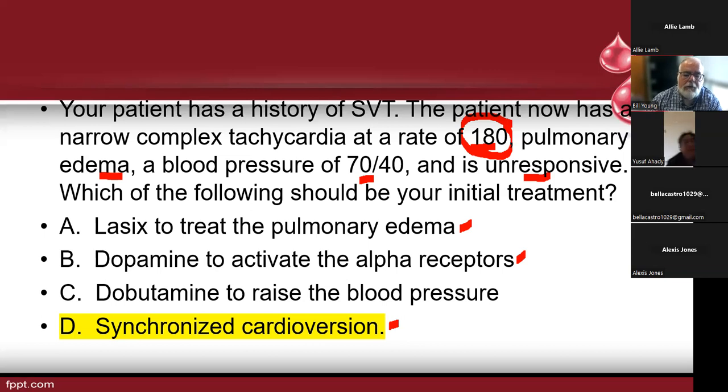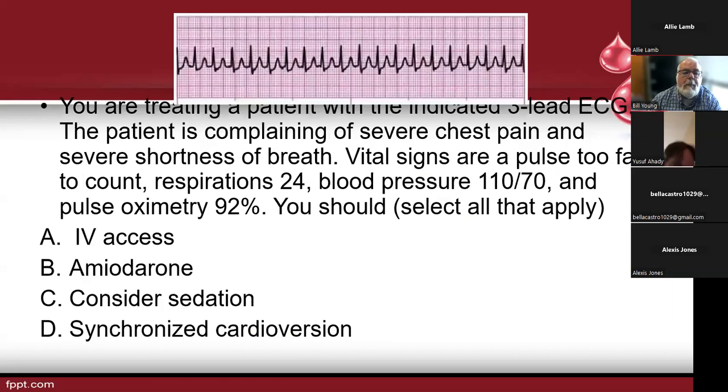All right, Yusuf, good. Thank you. All right, Alexis. You're treating a patient with the indicated 3-lead ECG that you see at the top of the PowerPoint. Patient is complaining of severe chest pain and severe shortness of breath. Vital signs are pulse too fast to count, respirations of 24, BP 110/70, and pulse oximetry of 92.